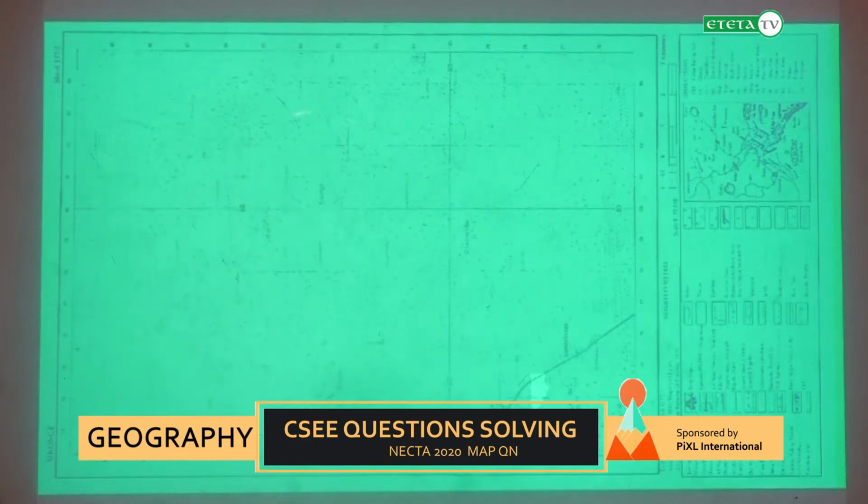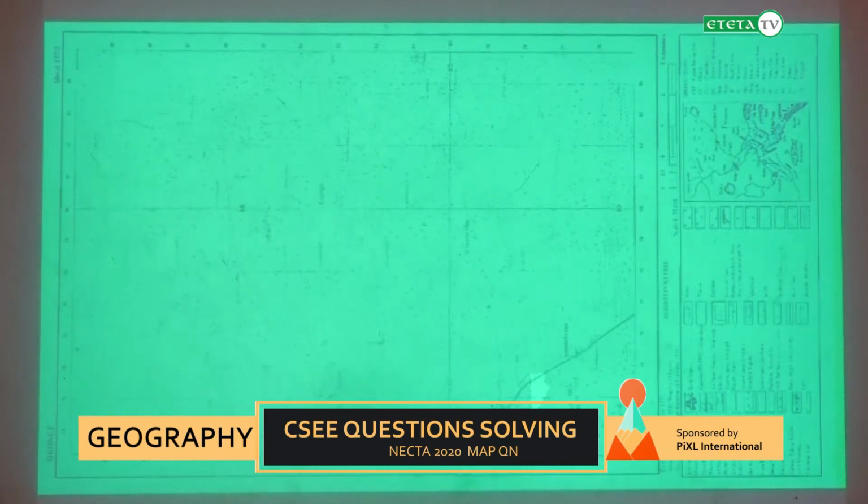Now, if you check this map, you see that it is covered by seasonal swamp. If these are seasonal swamps, you see the highland is just here, where it is 1,300 somewhere here. So all other areas here, they are covered by seasonal swamps.